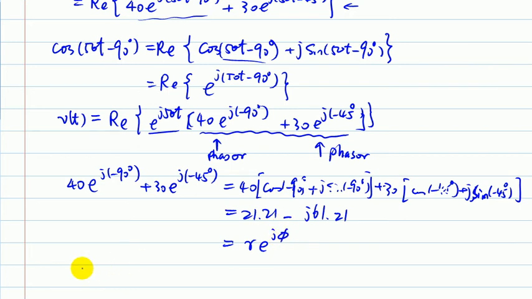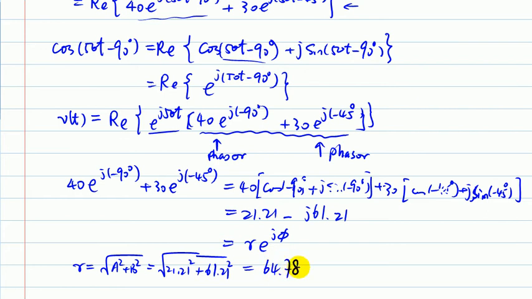Apparently r is the square root of a squared plus b squared, which is 21.21 squared plus 61.21 squared, and that gives roughly 64.78. And phi equals tan inverse of b over a, where b is 61.21 and a is 21.21.